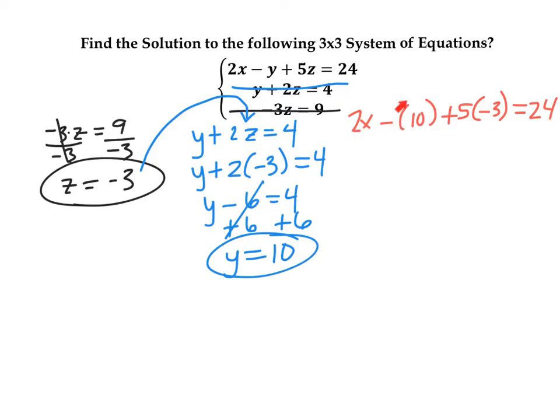I'm going to start by simplifying these numbers. So I have 2x minus 10 minus 15, because 5 times negative 3 is negative 15, and that should equal 24. I'm able to combine like terms here. The negative 10 and the negative 15 combine to negative 25.